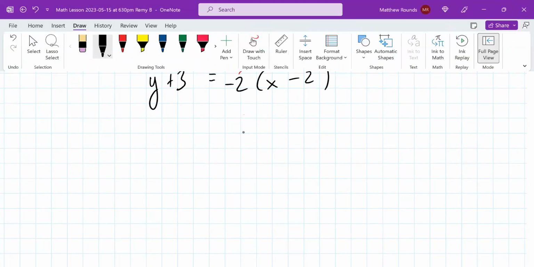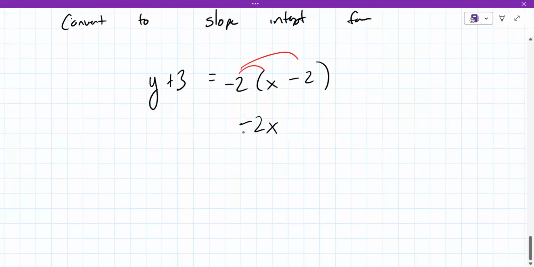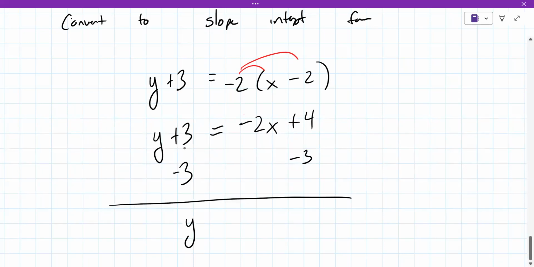That would become -2x and +4. Good. What's next here? How do you get y by itself? Would you just subtract 3? Yes. You look at the side with the variable that you're solving for. Okay.